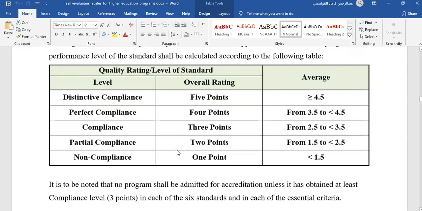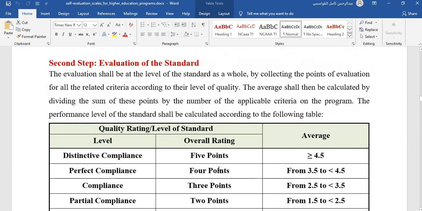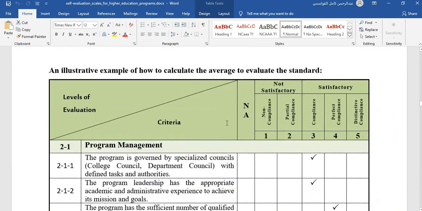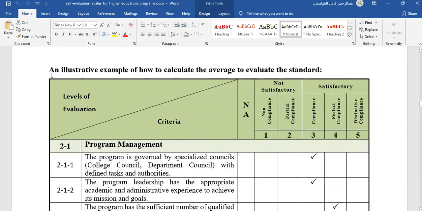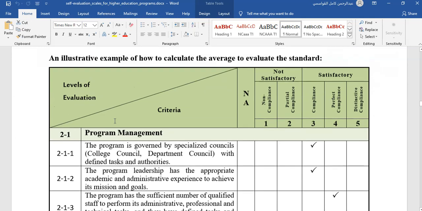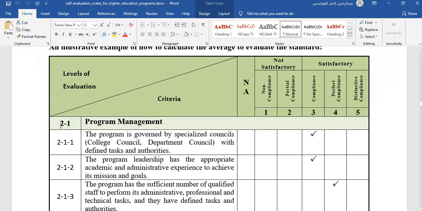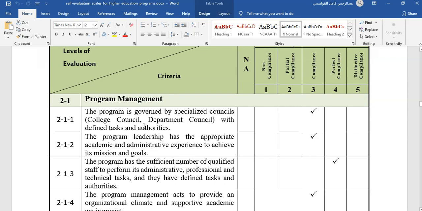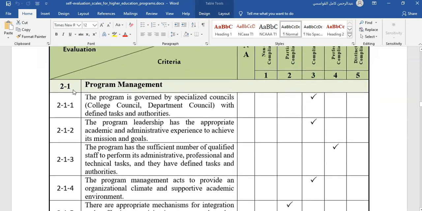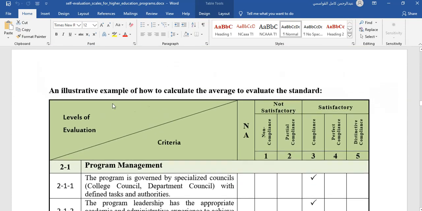So, as you see, the evaluation shall be at the level of the standard as a whole by collecting the points of evaluation. We have an example here. This is an illustrative example of how to calculate the average to evaluate the standard. This is standard number 2, program management, and 2.1 program management.